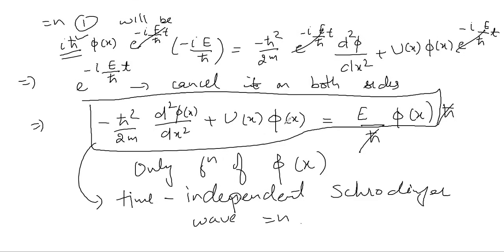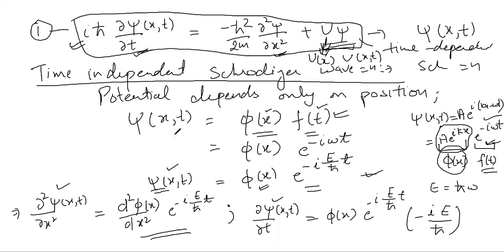So again, any kind of potential you are given, plug in the value of that potential here. If that potential is a function of position only, you have a second order equation and you know very well how to solve this kind of second order equation. You can get phi x. If you know the phi x, अगर आपको phi x पता है तो आप फिर यहाँ पे psi xt भी कैलकुलेट कर सकते हैं.